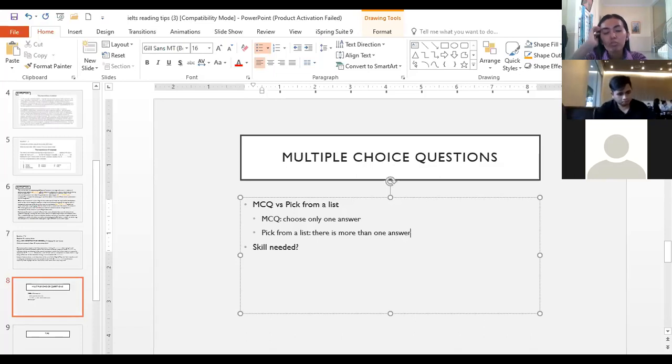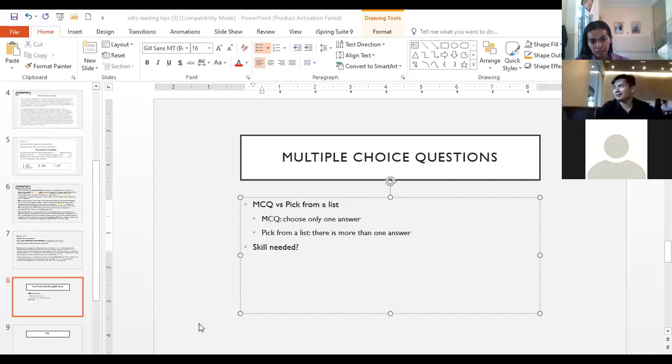Remember the difference. One more thing is in picking from the list, the question format is a little tricky because when you see the real question form, like what we saw on Monday, it is not actually the question, it is just the instruction. The real question form shows you how many letters or how many options you can pick.